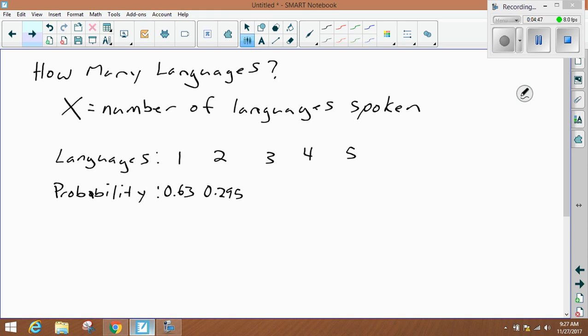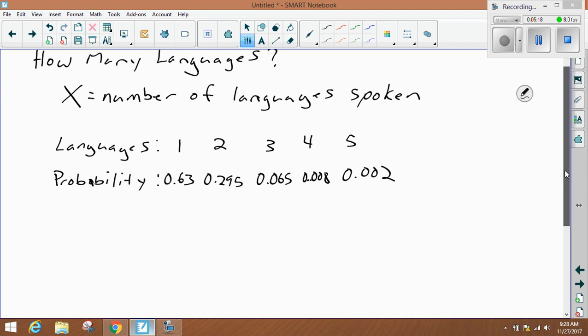And then 3 languages was 0.065. 4 languages turned out to be 0.008. And 5 languages, 0.002. Boom. So that is our probability distribution for the number of languages spoken by a high school student based on some U.S. Census data.